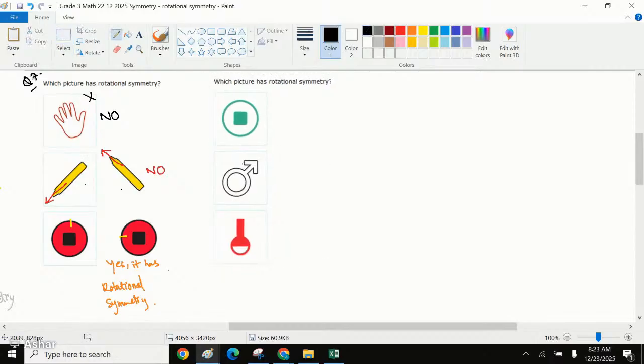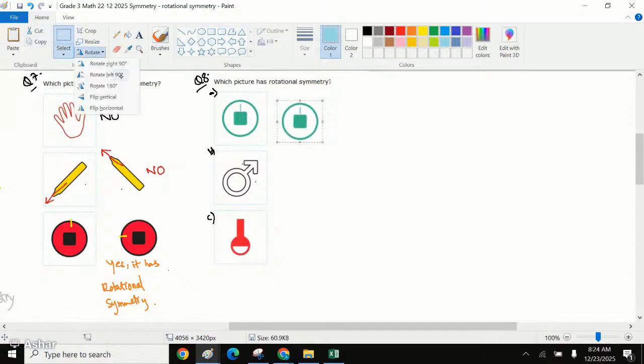If this is given to us as question number 8, this is option A, option B, and option C. Option A, if I mark a reference point in this question, over here, and I copy this shape and try to rotate it, let's suppose leftwards, this shape still looks the same.